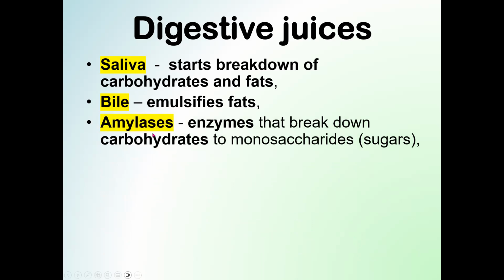Then we have the amylases. I mentioned amylase before in the saliva. They break down carbohydrates to monosaccharides. That's a single sugar. Saccharide is the official word for sugar. And mono means a single. So glucose, one glucose molecule, is a monosaccharide.